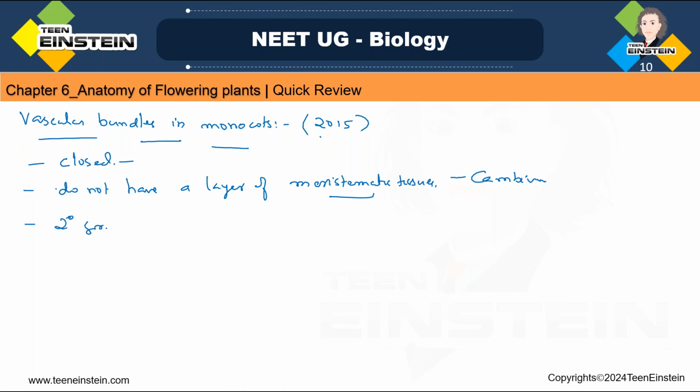Secondary growth is absent in monocots. Here we actually have three questions. Vascular bundles in monocots are closed. Another question: what is the reason the vascular bundles are closed?